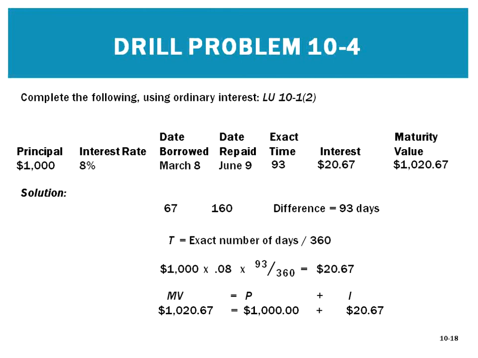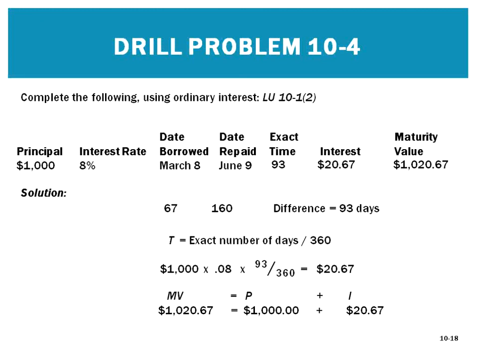It's not exact. So the exact time is 93 days. Now we want to say principal, which is 1,000, times rate, which is 0.08, times time, which is 93 over 360, because now we're talking in days, which is equal to $20.67.